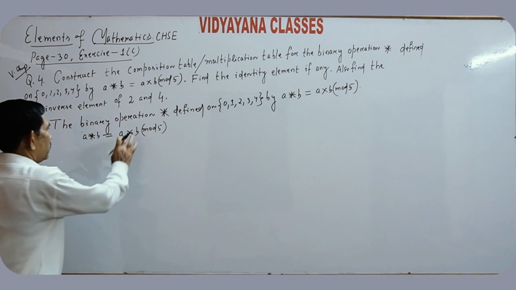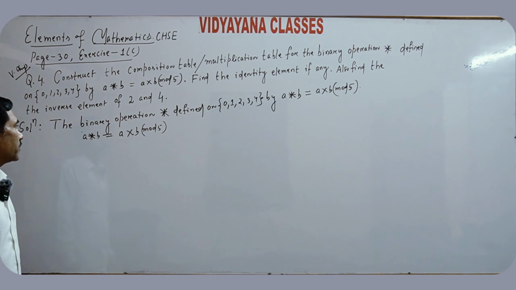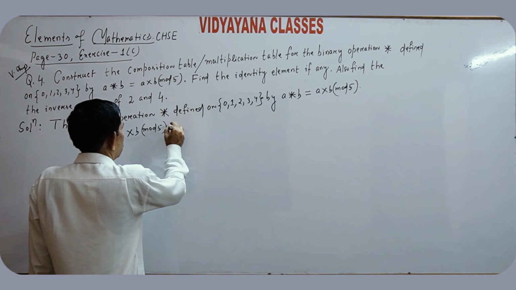a into b mod 5. What is the meaning of this?